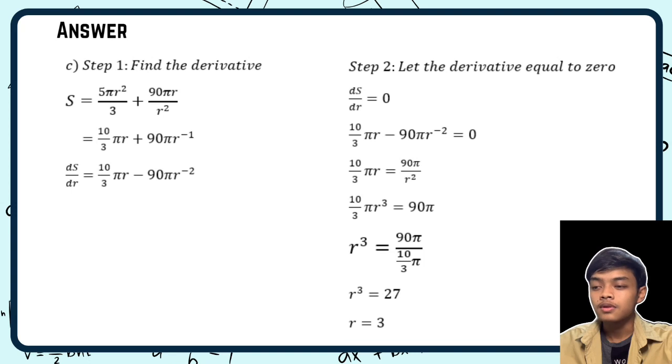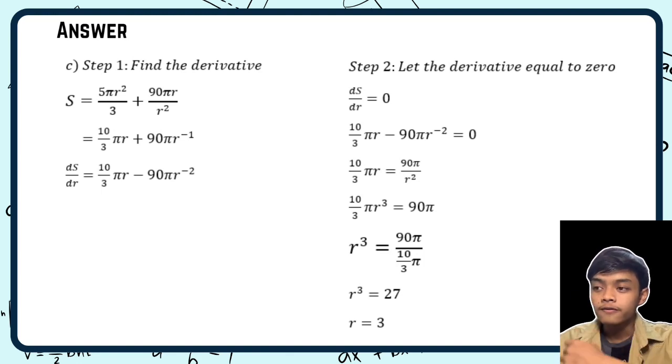For question 1c, finding the radius of the cylinder consists of 3 steps. First of all, we need to find the derivative of this surface area equation.